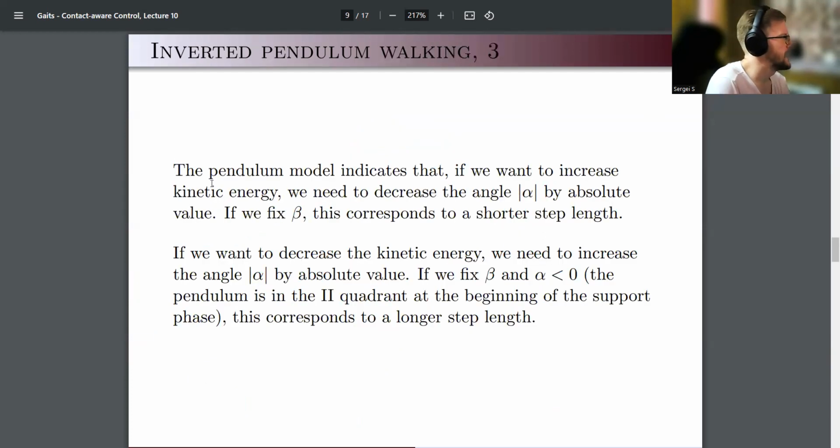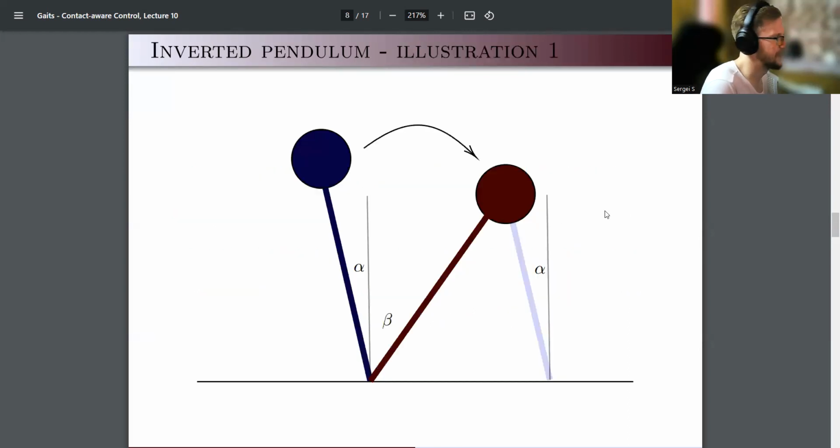So what this pendulum model indicates is that if we want to increase kinetic energy, we need to decrease the angle alpha. If we fix beta, so when I say decrease alpha, of course there are many ways to do it. I'm just indicating one way. So if beta is not allowed to change, then we decrease alpha, and this means shorter step length. Let's look at it.